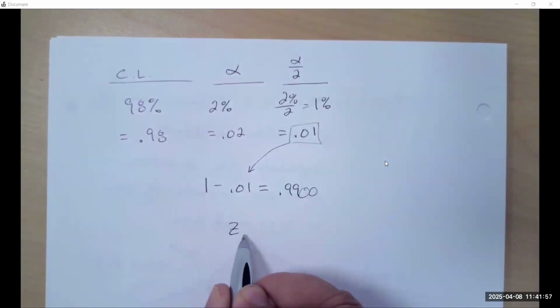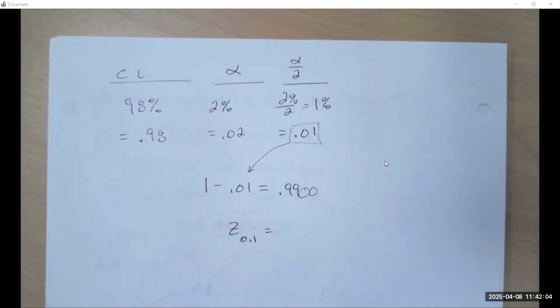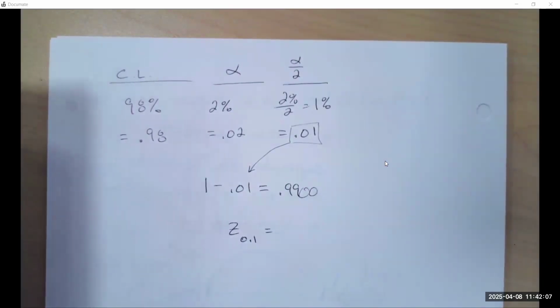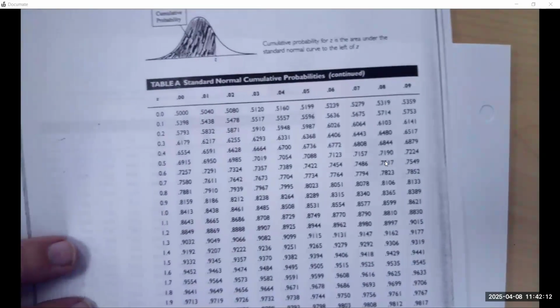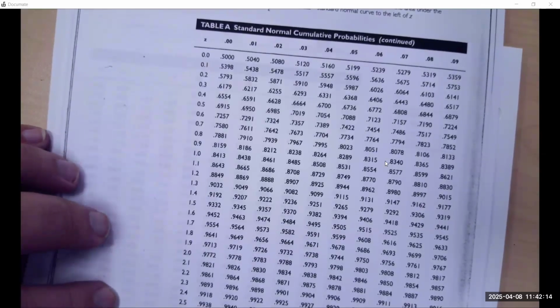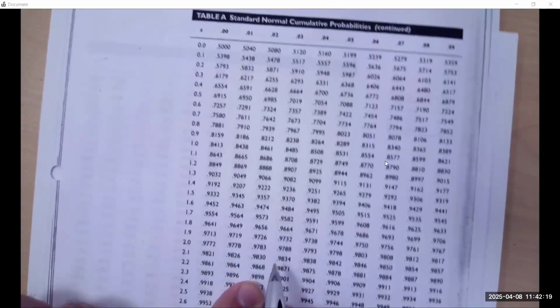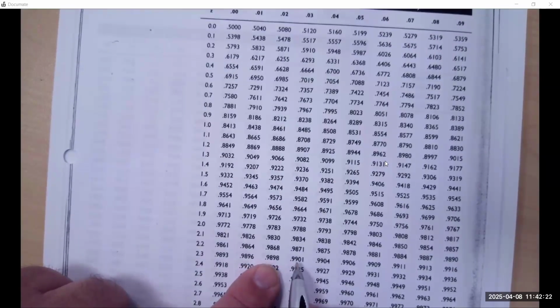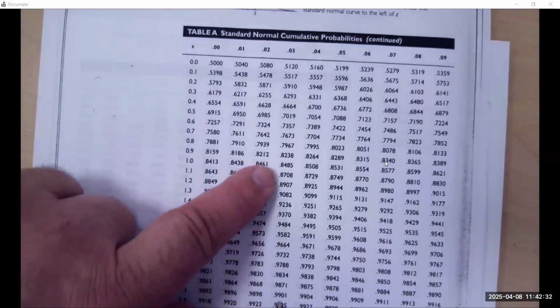So I'm looking for the z value of 0.01. That's my value. That's z over 2. So what do I go from here? I look inside the chart for 0.99, the closest I can get to it. Here's 2 of them. Here's 0.9898 or 0.9901. Which one's closer? 0.9901. And it corresponds to 2.33.